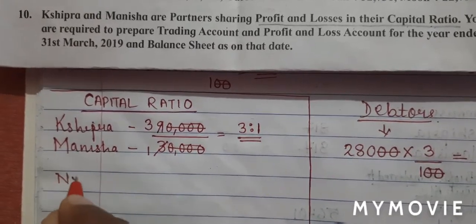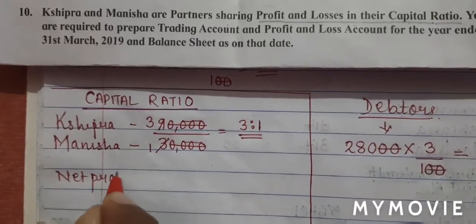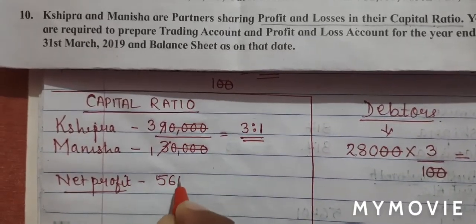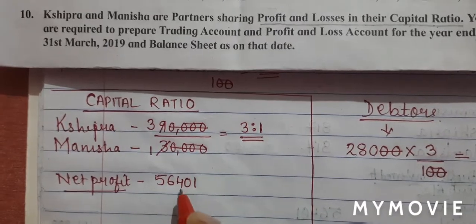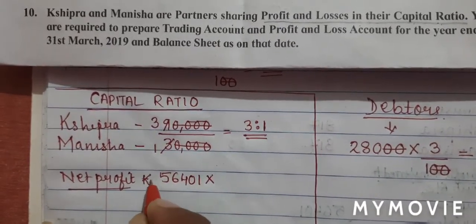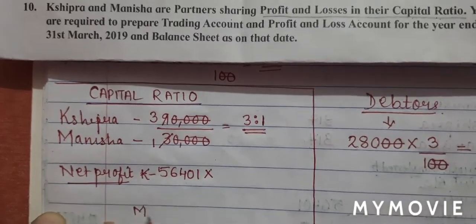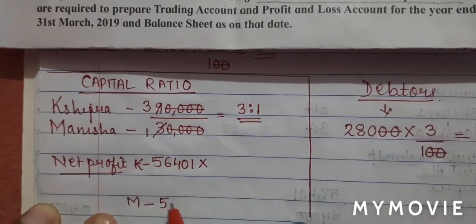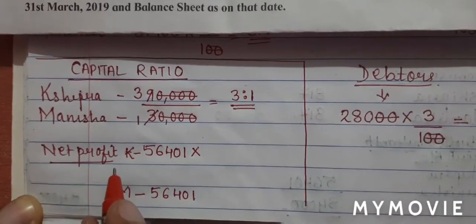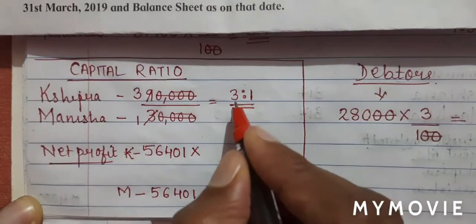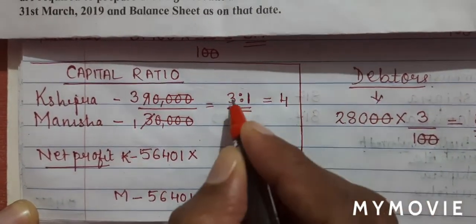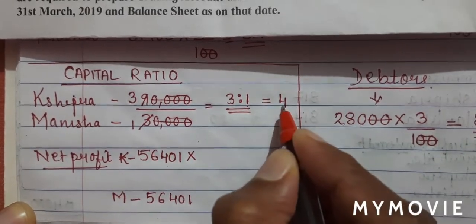Now my net profit that I got from the sum is rupees 56,401. Now this amount I will distribute it to both the partners, that is for Shipra as well as for Manisha. Now how do we calculate the net profit according to the ratio? The total of this ratio is equal to 4. How I got 4? 3 plus 1 is equal to 4.